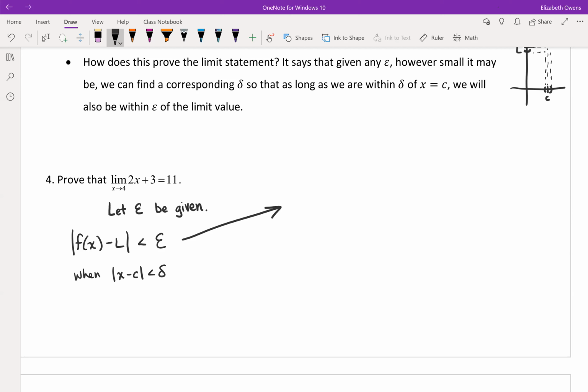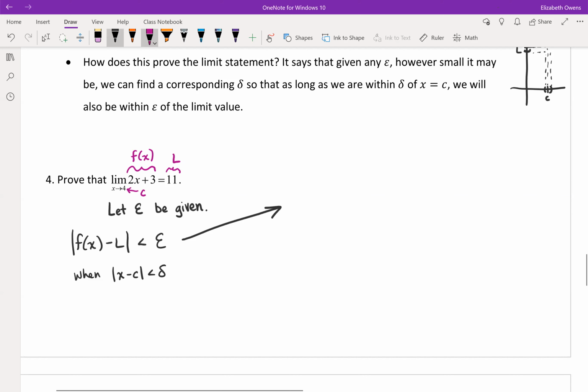We know what f of x is: it's the function that we're taking the limit of. f of x is 2x plus 3. We know what L is. It's the limit value itself. L is 11. And we also know what c is. x approaches c, so our c value is 4.